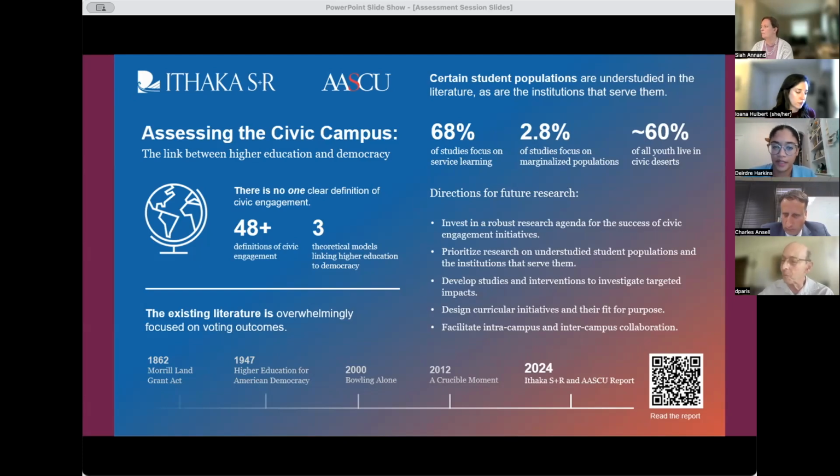And just to give a couple of other key findings: longitudinal studies seem to be rare, and most of the studies we came across were restricted to case studies of individual campuses rather than studies of the impacts of initiatives over time.